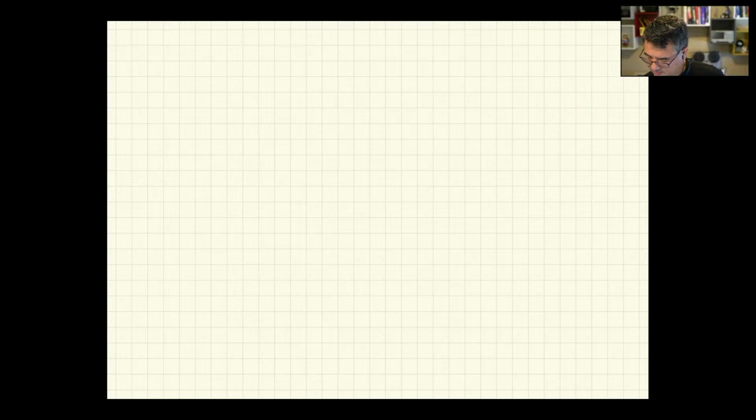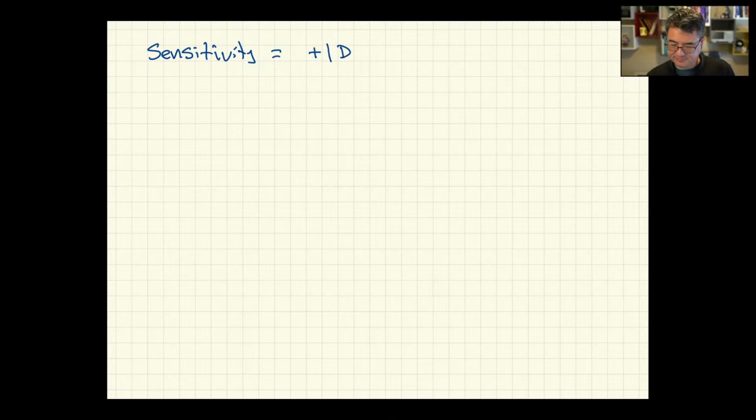So first of all, sensitivity means you got a positive test given that you have the disease. We call this a true positive.